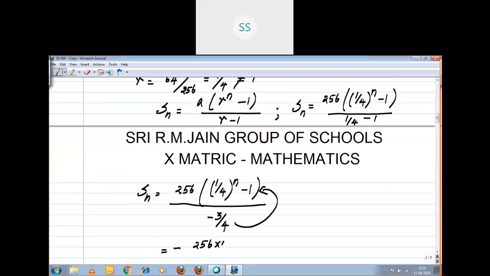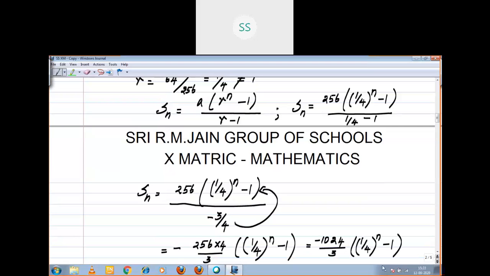Then the 4 goes to the numerator. Then it becomes minus 256 into 4 divided by 3 into 1 by 4 the whole power n minus 1, which is equal to minus 1024 divided by 3. Say yes or no children?